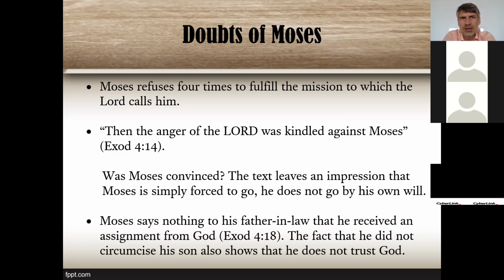But what is interesting, even his own people do not recognize him as one of their own, because when two Israelites were arguing with each other and he wanted to tell them something, they just didn't accept him.